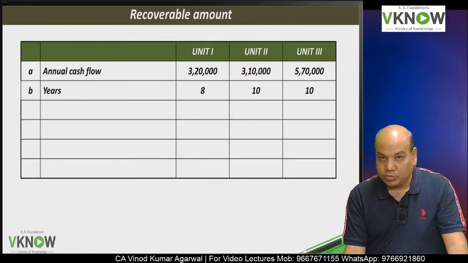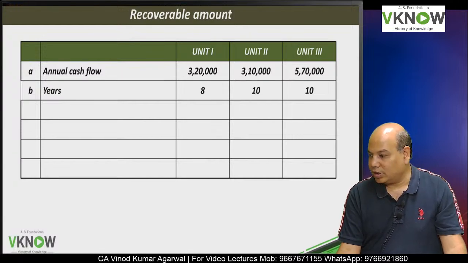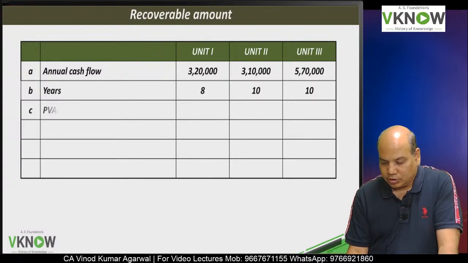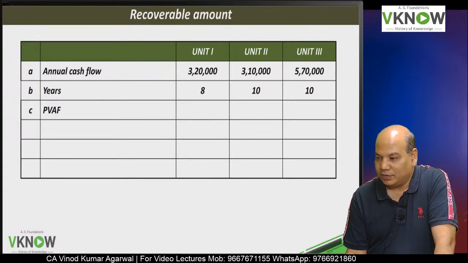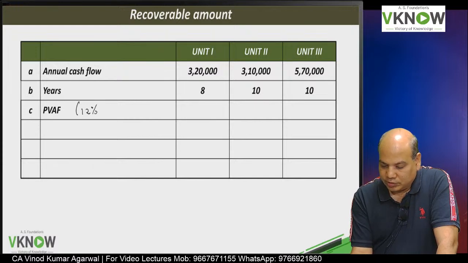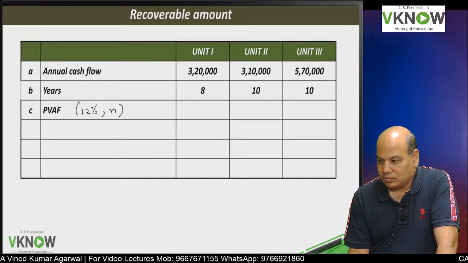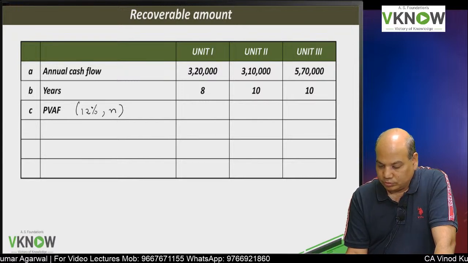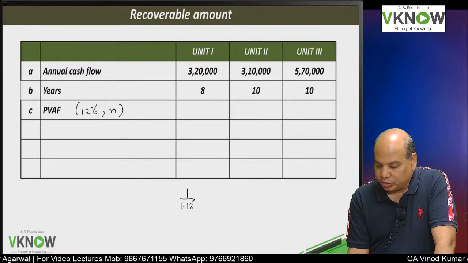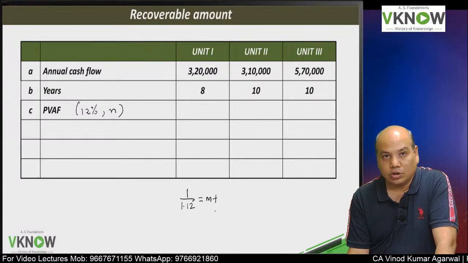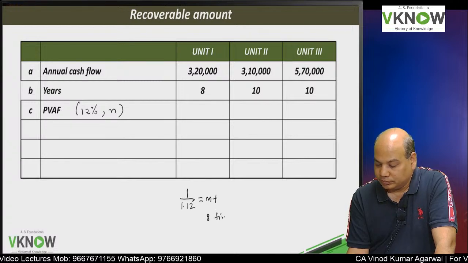Okay. Number of years, write down 8, 10, 10. Now write down the present value annuity factor. 12% is the discount rate, comma n. N in the first column is 8 years. 1 divided by 1.12 equal to, memory plus, then 8 times memory recall.